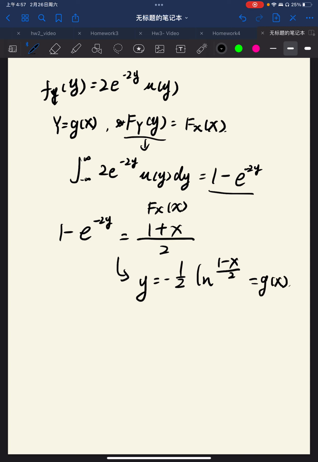So this is what will happen to x from -1 to 1.